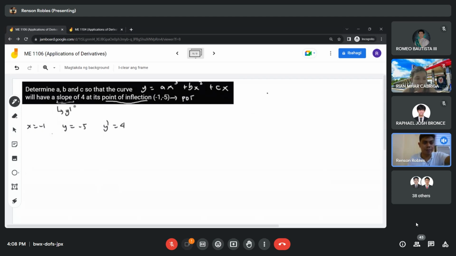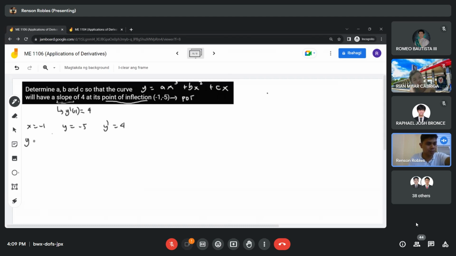So sabi sa problem, the derivative of y is equal to 4 at its point of inflection. It means that -1, -5 is a point of tangency. So that means this is 4, and you will get 4 when you replace x in the derivative of y by -1. Right? And then you have this. When x is -1, y is -5, and y prime is 4.